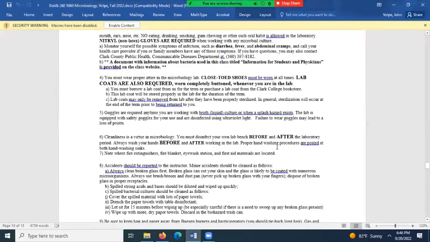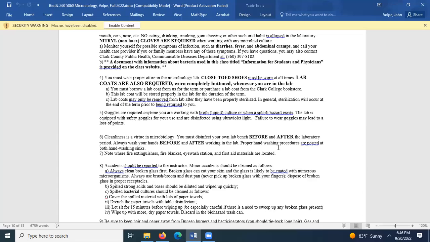While you're in the lab, you must wear closed-toed shoes, meaning a shoe that is totally covered. The main reason is to prevent a spill from getting on your shoes. Like women have fancy open-toed shoes, and if you were to spill microorganisms, they would get on your toes, and it would be hard to get it off.